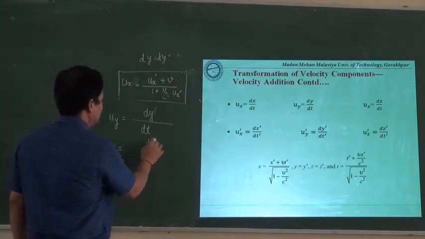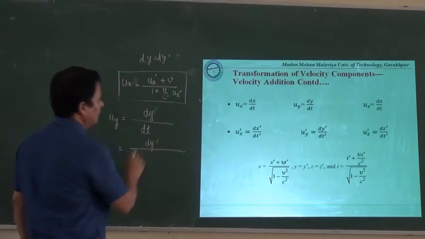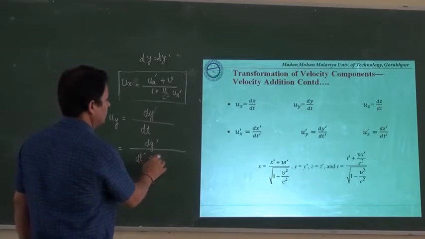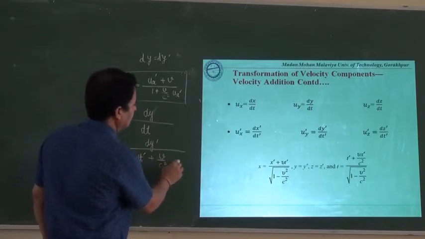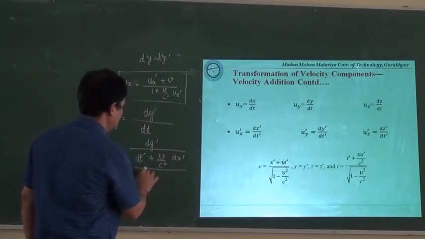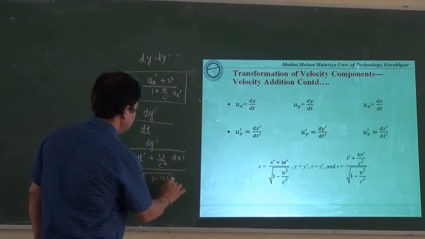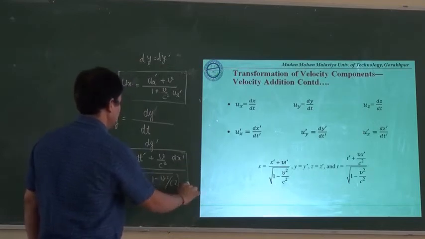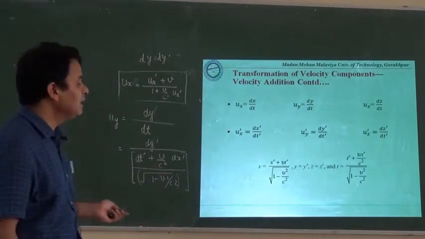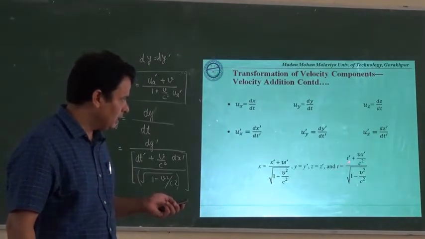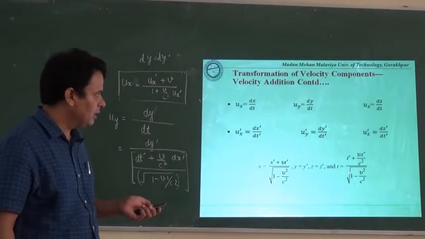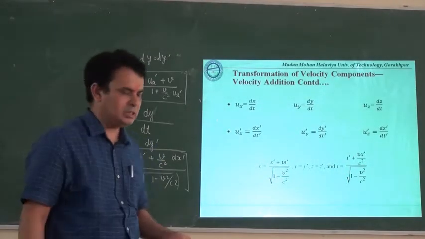So it will be equal to dy dash upon dt dash plus v upon c square multiplied by dx dash, and this entire expression will be divided by under root 1 minus v square upon c square. This is the denominator corresponding to the value of dt, because dt is equal to dt dash plus v dx dash upon c square, upon under root 1 minus v square upon c square.